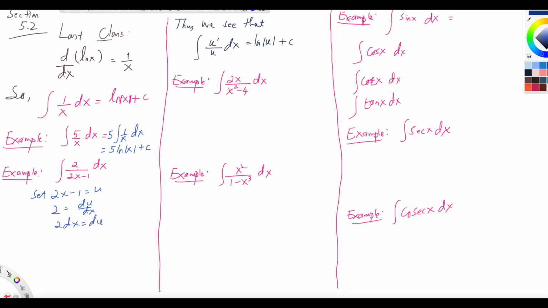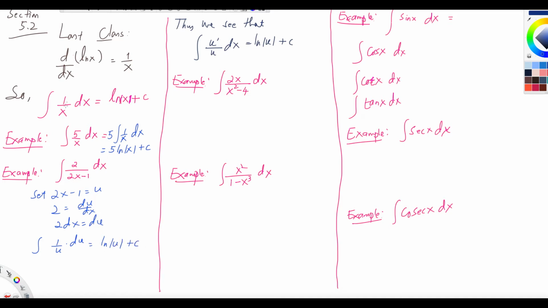You see that here? You will replace the 2 and dx by du, and 2x minus 1 by u. So this integral can be written as 1 over u times du. So what is that? That will be natural log of u plus c, right?